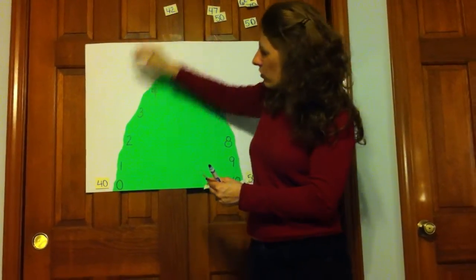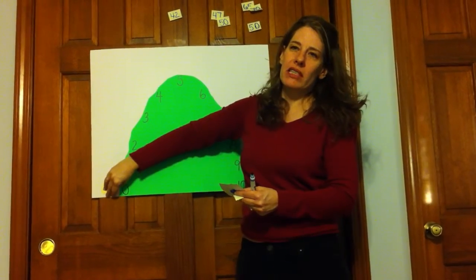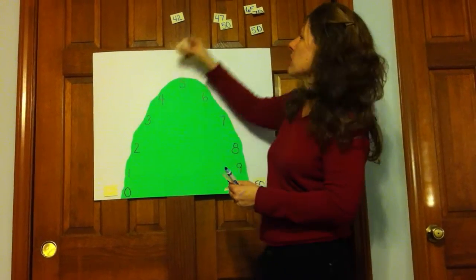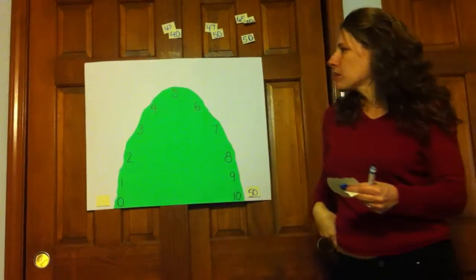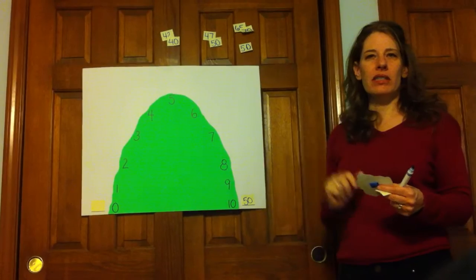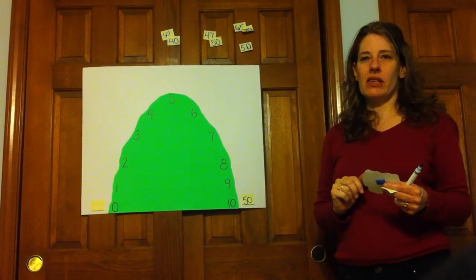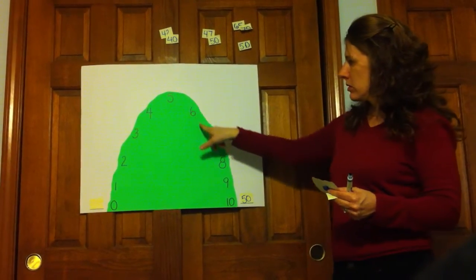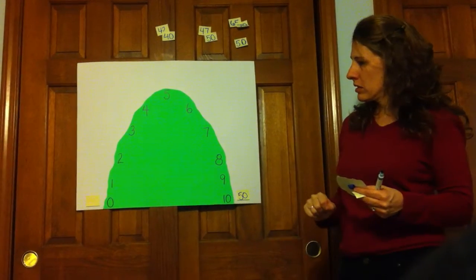Now, after we've been doing these examples, can you think of a rule that we could make when we're rounding numbers? What could be a rule based on what we saw here? If there's a 5 or higher in the ones place, it'll round up. If it's a 4 or lower, it'll round down. Good.